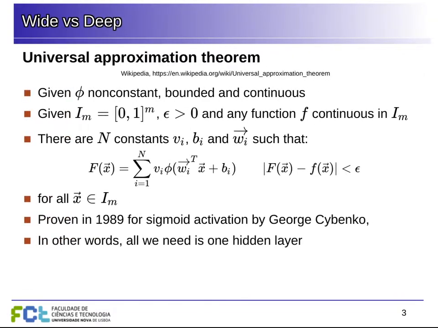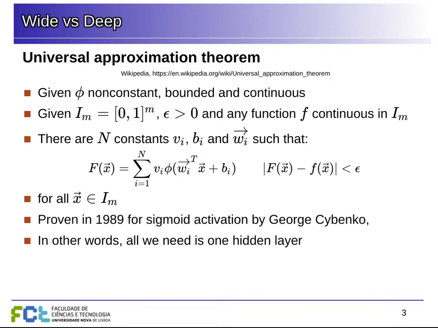So first, this question of using a wide model. For example, we could use a neural network with a single hidden layer, because it can be demonstrated that if we have some function that is non-constant, bounded and continuous, for example the sigmoid activation function, so it is bounded, it does not go to infinity, so it cannot be a linear function or something like that, but it's continuous and not constant, and so does some nonlinear transformation.